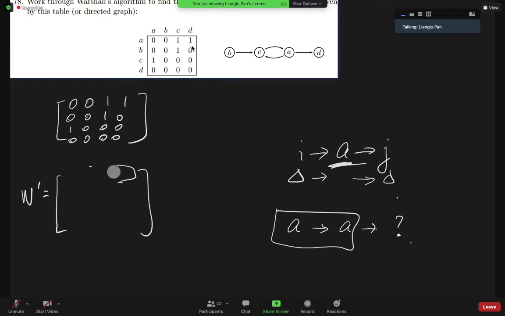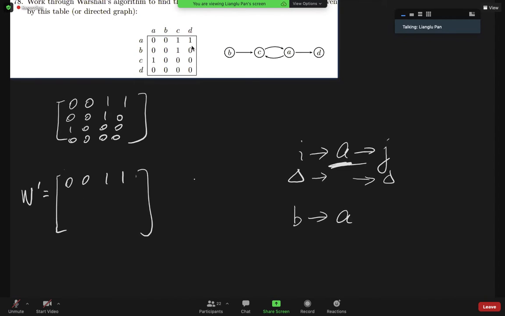So we will have no updates on the first row. Now, the second row originally tells us whether we can go from B to nodes A, B, C, D. Here, we consider whether we can go from B through our stepping stone A to any other node. Again, we can see from the matrix that B to A is not possible yet. So again, we have no updates.